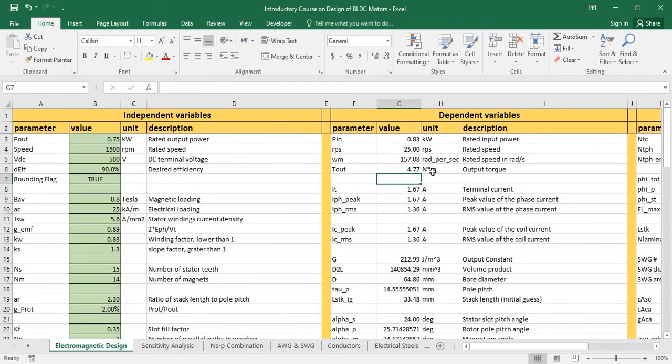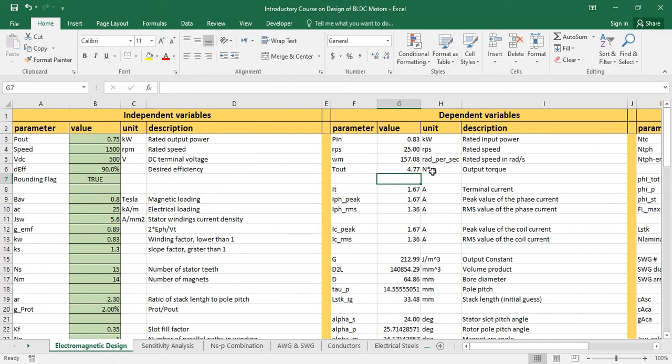Okay, this is desired output torque, and I mention again, we didn't design any motor yet, and we are just talking about our desired variables. Okay, so our design should be able to deliver this torque to the load at the rated speed, rated voltage, and the rated power.